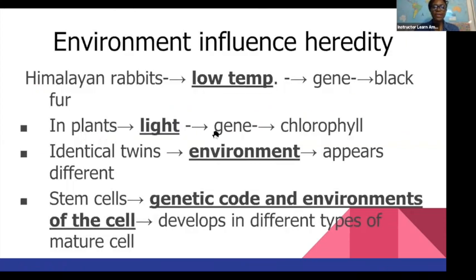A few examples: sunlight will affect the chlorophyll, the color of the leaves. Identical twins with the same genetic information in two different environments can end up appearing differently. And we see that stem cells, those uncoded cells, we could manipulate them to become what we want them to mature into.